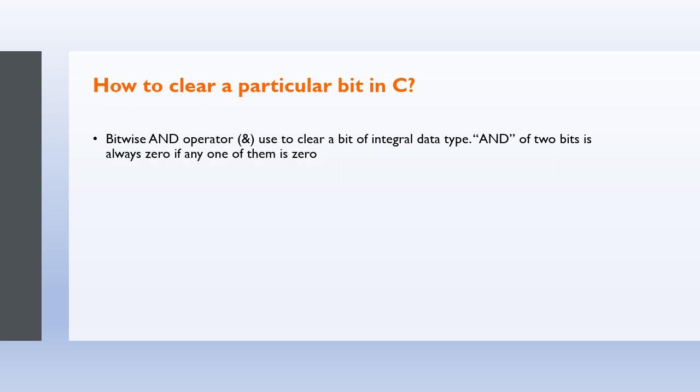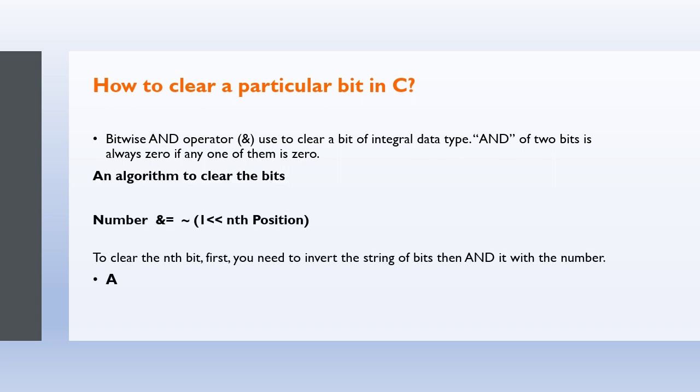An algorithm to clear the bit is number &= ~(1 << nth position). This will make that particular position clear by complementing it, right?